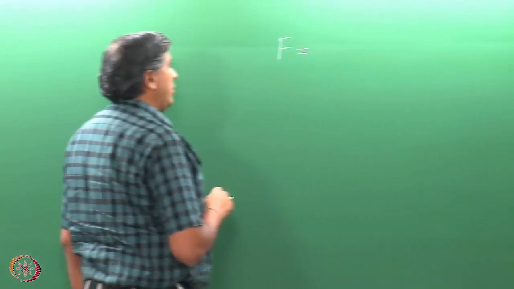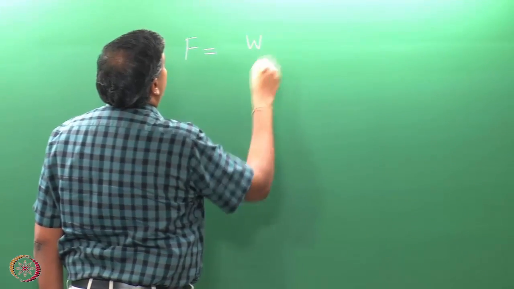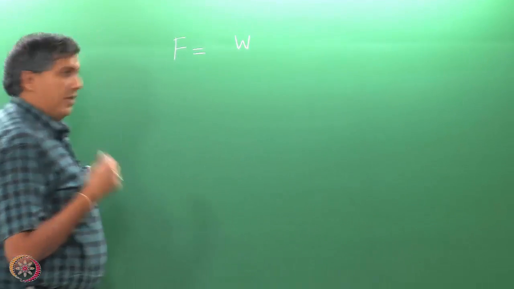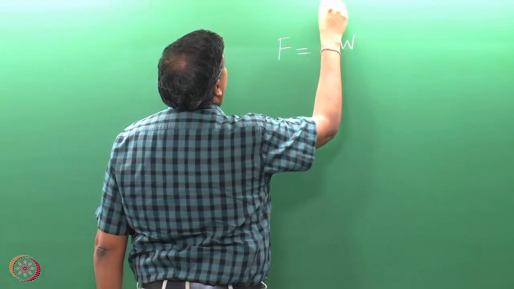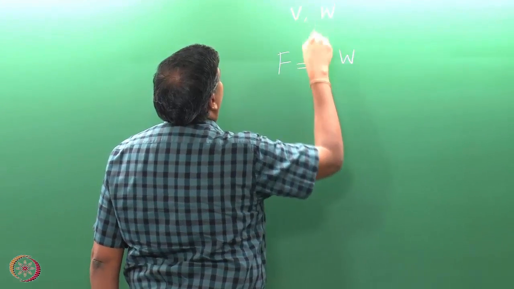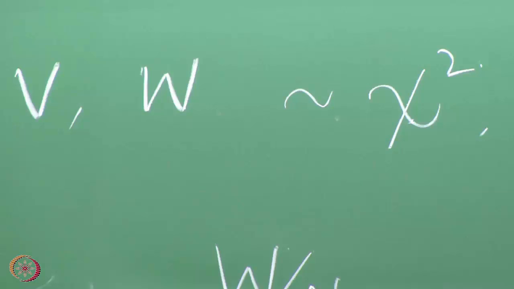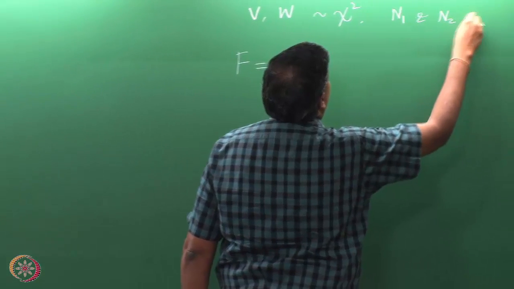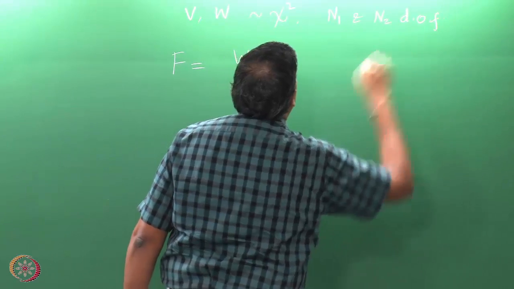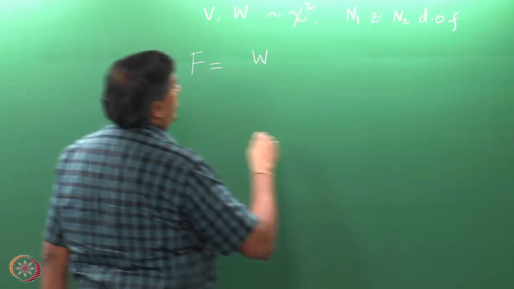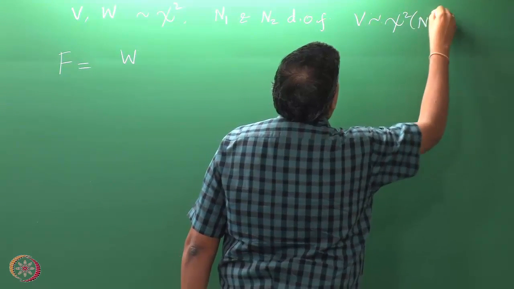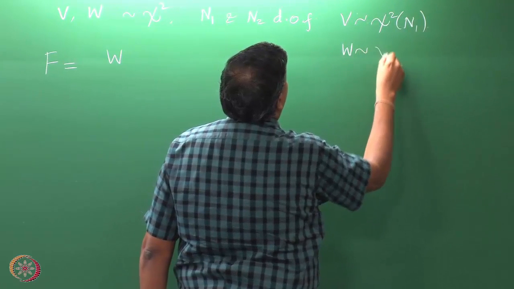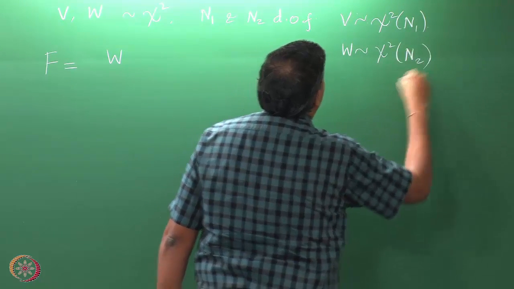From the theory of probability distributions, we can say that if I have two variables V and W that have a chi-square distribution, each with let us say some n1 and n2 degrees of freedom respectively. In other words, to be more specific, we say V has a chi-square distribution with n1 degrees of freedom, and W also has a chi-square distribution with n2 degrees of freedom.